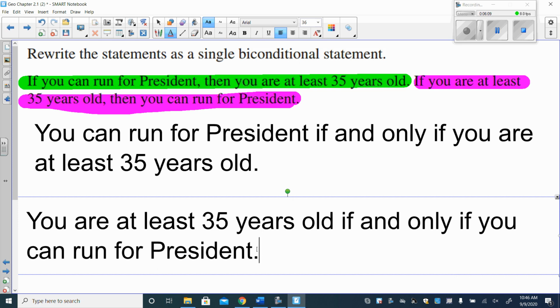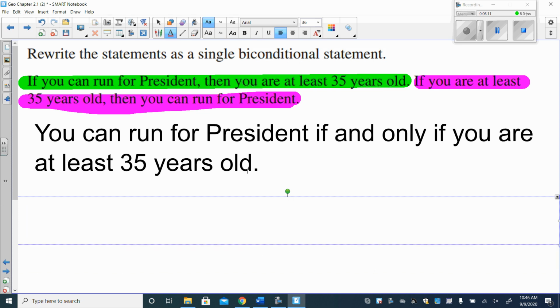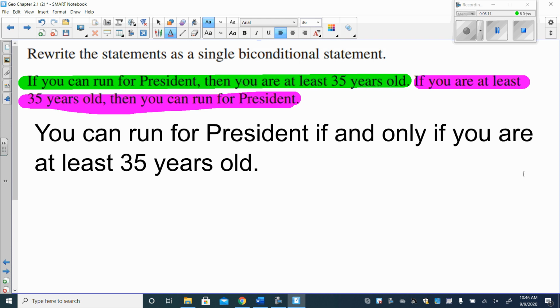Yes, but it just doesn't sound right. I would go with the other one. You can run for president if and only if you're 35 years old. It works both ways because there's nothing wrong with saying it the other way. It just doesn't sound right. So we have this here. You can run for president if and only if you're at least 35 years old, because this is a biconditional statement.